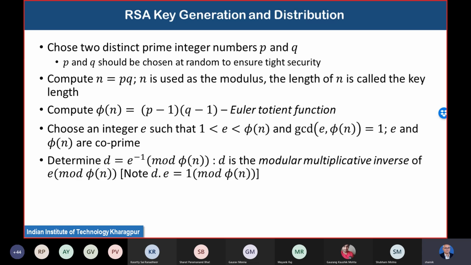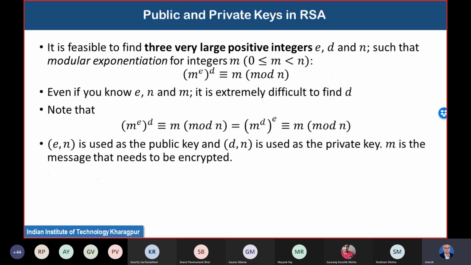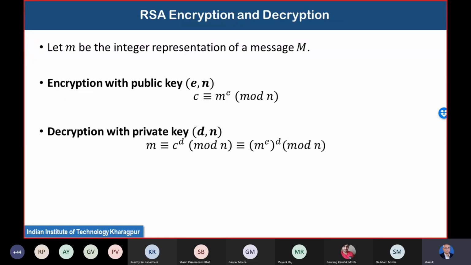Once we have got this encryption key e and the decryption key d, let us see how we encrypt any message. Let m be the integer representation of a message. Encryption is done with the key e, the public key. We can easily remember e is for encryption.